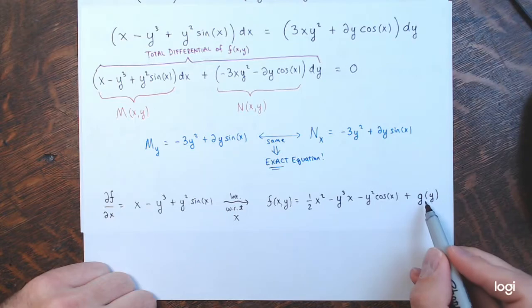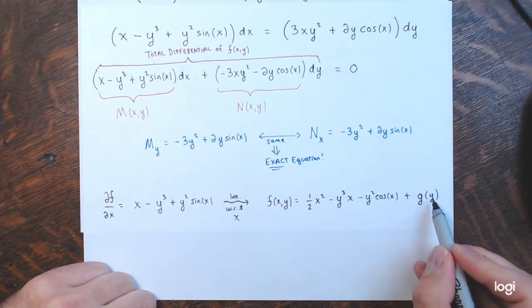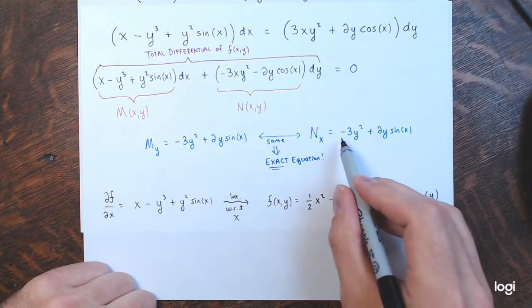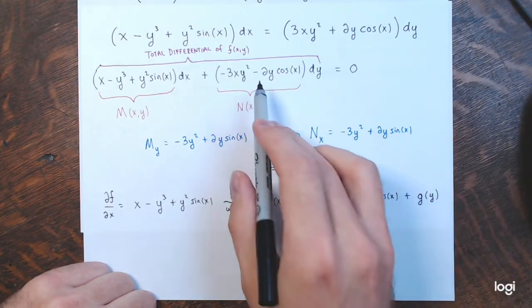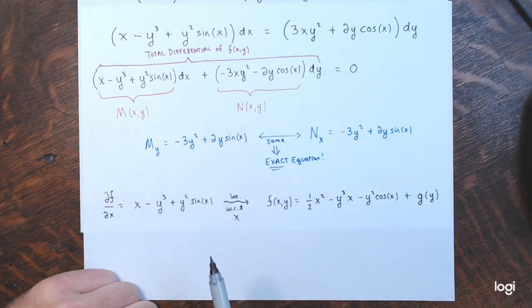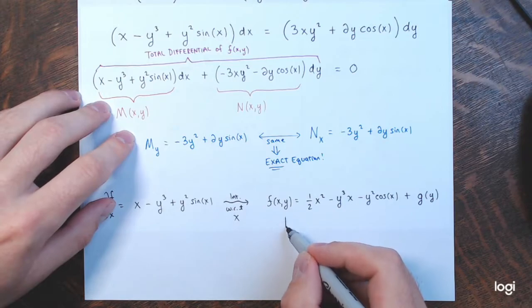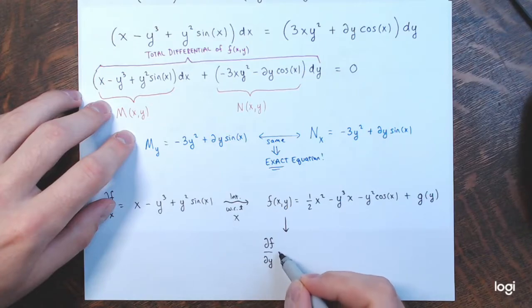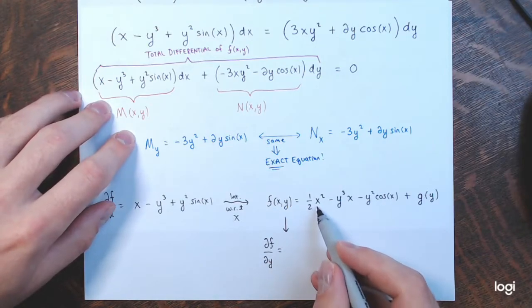All right. And now my goal is to find what does this g of y look like. That's going to involve the other partial. Now N of x,y is the partial of f with respect to y. So taking the partial with respect to y, the partial of f with respect to y would be nothing from the first term, right? You're treating x as constant now.